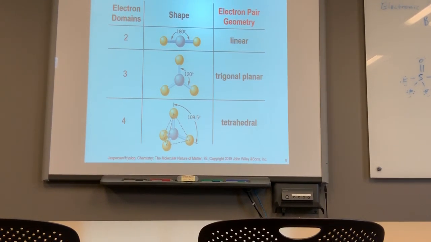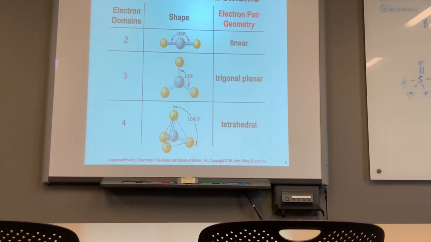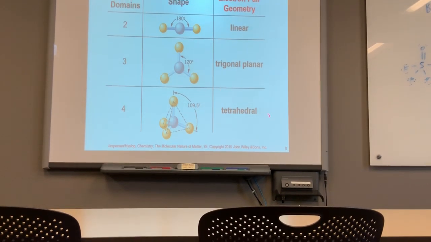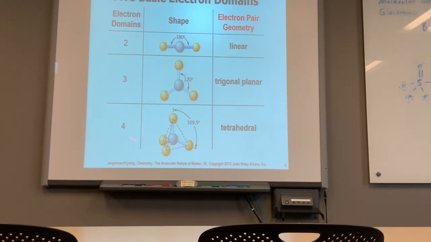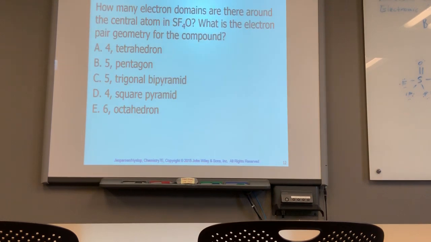You can bend those 2 this way a little, and these 2 this way a little, and it'll give them more space. It'll get up to 109.5 degrees apart, assuming all 4 are the same. So that's really just maximizing the repulsion of those electrons in the bonds.